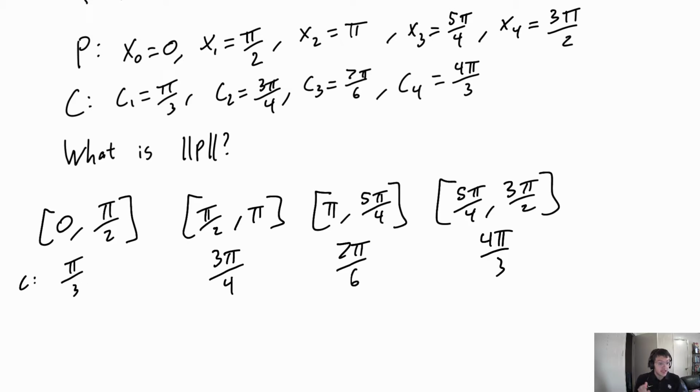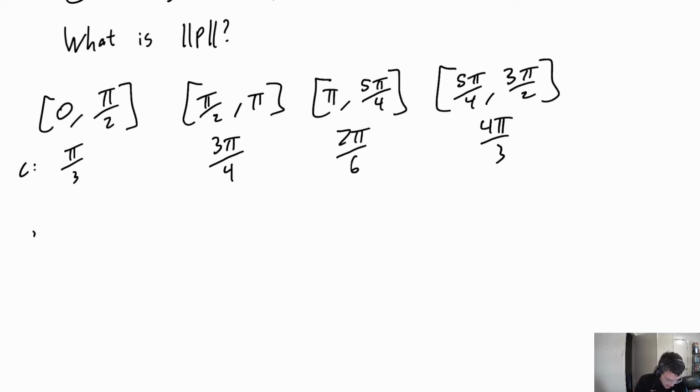And with this, we can calculate the area of these rectangles, right? What does this represent? This subinterval and this sample point gives us a rectangle whose height is f of pi over 3, and whose base length, whose distance, is the right endpoint minus the left endpoint.